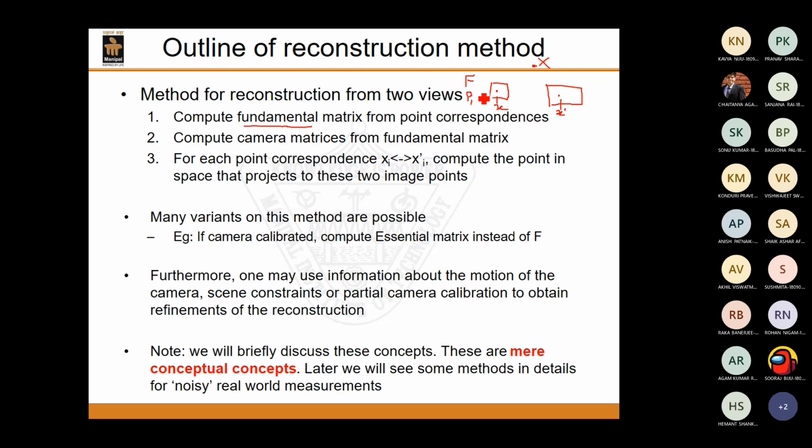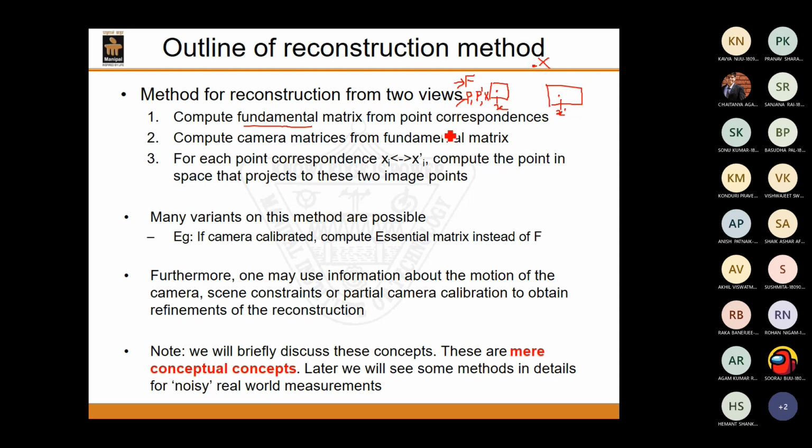Let's say the camera parameters are given by P and P dash. And from the image point pairs we can also calculate what is capital X. So the different steps would be: given the image point pairs, calculated by some method, for example by matching using correlation metrics or so on, after we have identified the correspondence pairs, we can calculate the fundamental matrix, and from the fundamental matrix we can calculate the camera parameters as well as the 3D point X. These camera parameters P and P dash contain both the internal as well as external parameters.